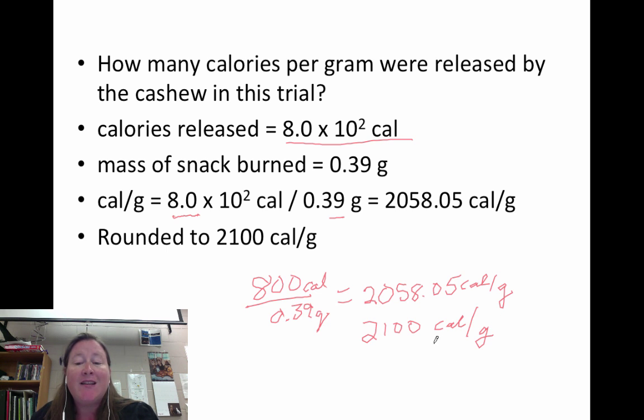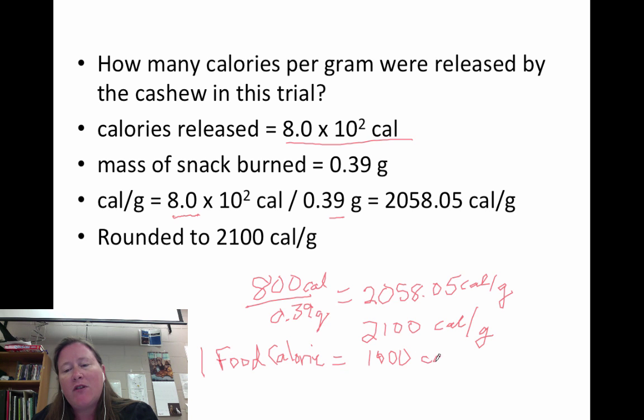Now that seems like a lot of calories, 2,100 calories per gram. But what you have to remember is that when we're talking about chemistry calories, it's not the same as food calories. 1 food calorie, and that's typically capitalized, is equivalent to 1,000 chemistry calories.